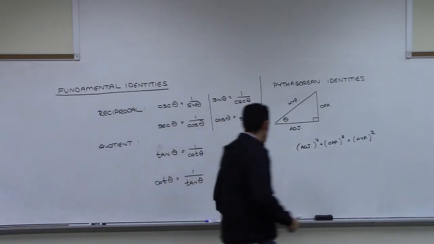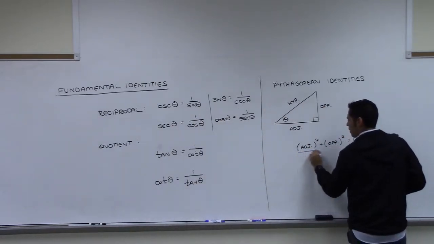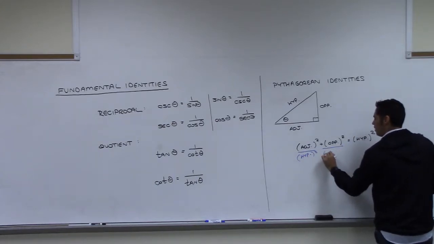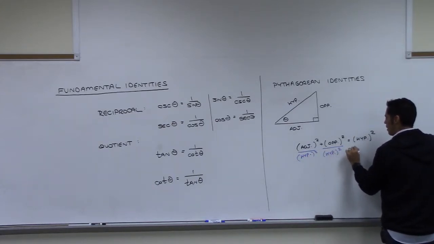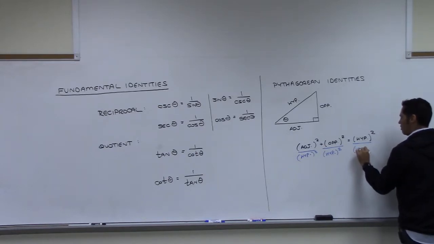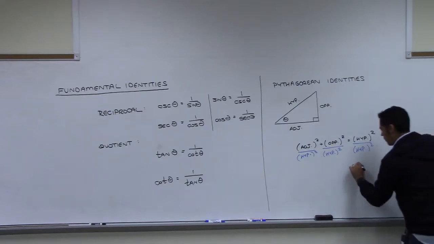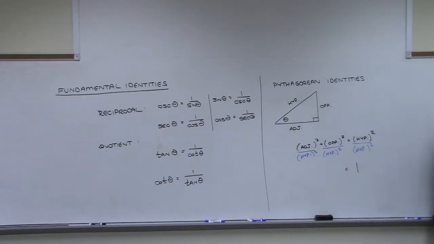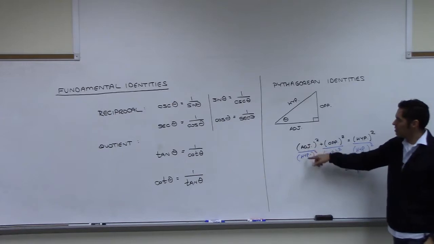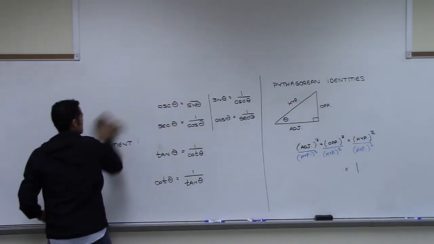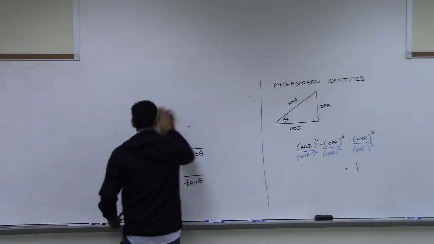So I'm going to divide this by hypotenuse squared, divide this by hypotenuse squared, and then divide this by hypotenuse squared. Agreed? All right, what does the right side of this become? That's 1, right? All right, let's take a look at this adjacent squared over hypotenuse squared. I'm going to write it over here, but I just want to make sure you understand what I'm doing.